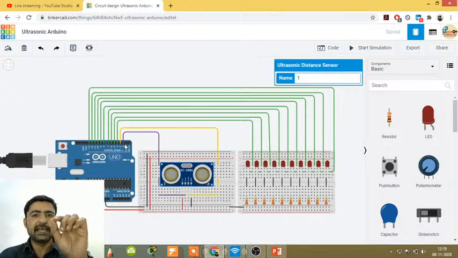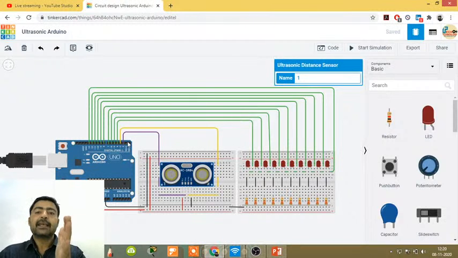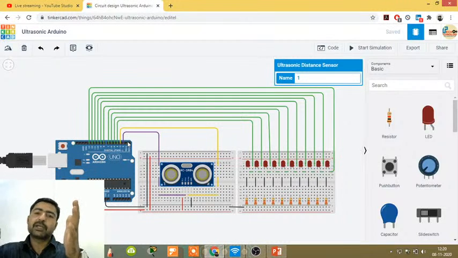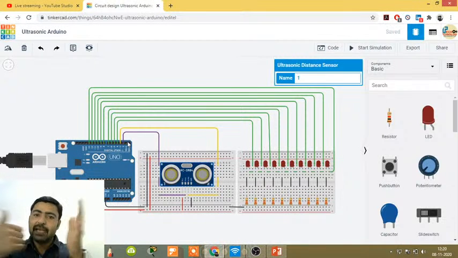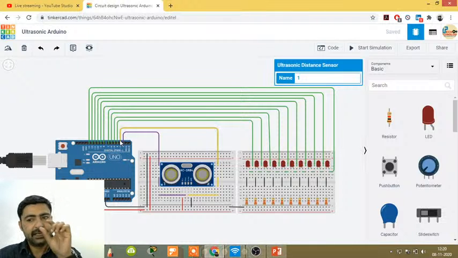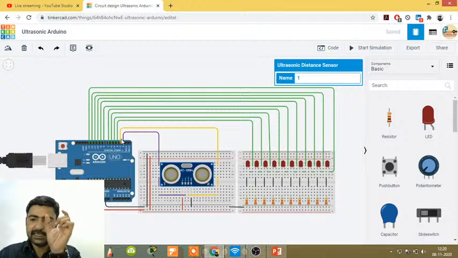When the signal is there, it asks the ultrasonic sensor to send the ultrasonic waves. And when the sensor detects the reflected wave at its receiver, it sends a signal to pin number 3 using the echo pin, indicating that it has detected the reflected wave.